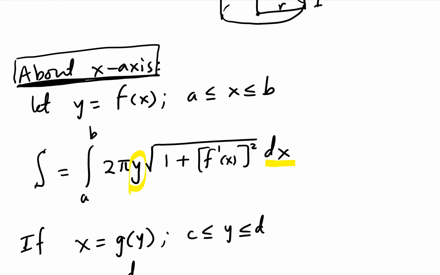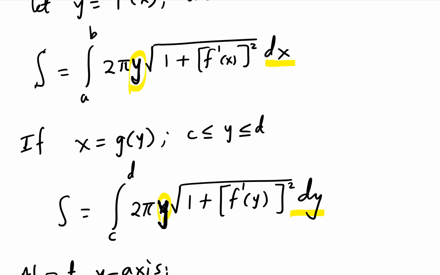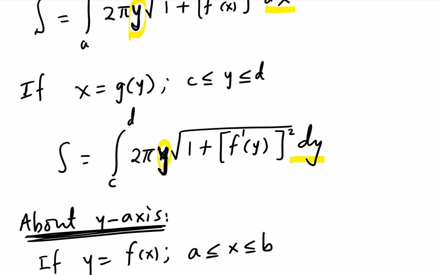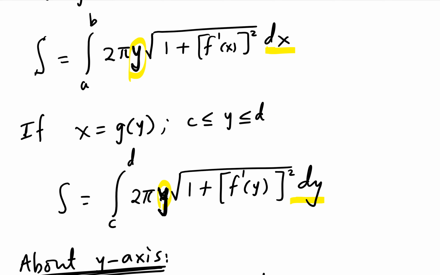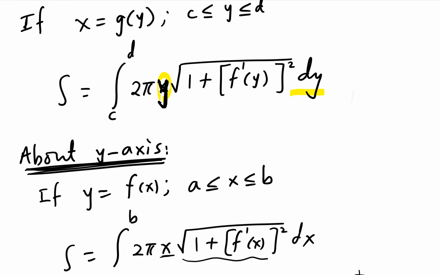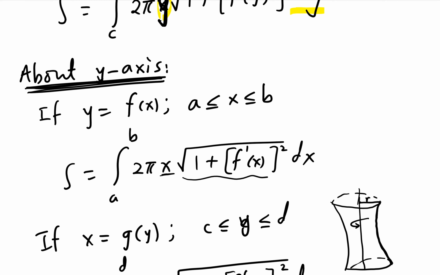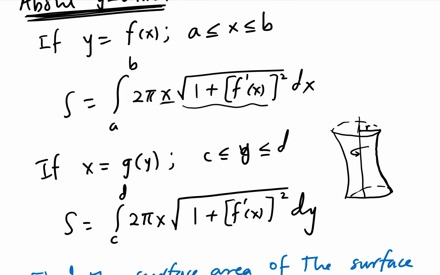Y, yeah, so it's y. So that's why we have that y. That's the radius. So about the x-axis, that should be y, because you're revolving about the x-axis. R is y, it's the vertical distance. When we did about the y-axis, the horizontal distance now is x.